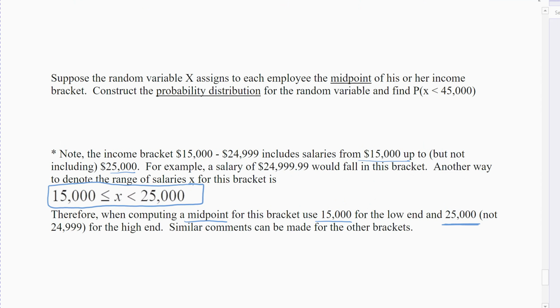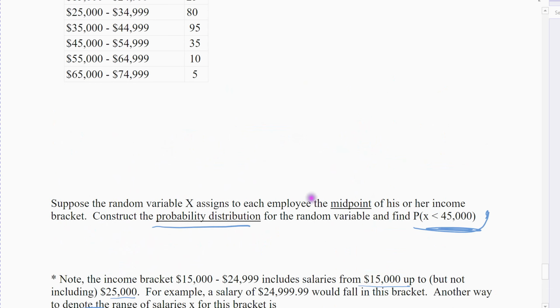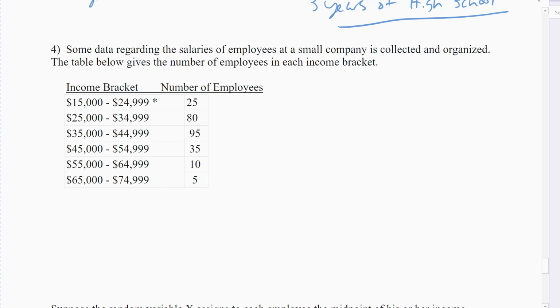When I go to find my midpoints, which is what my x value assigns each employee, the midpoint of his or her bracket, because they didn't give us the exact salaries, I'm going to construct a probability distribution, and then I'm going to use it to solve that probability. So first, the midpoints. So x equals the midpoint of the income bracket.